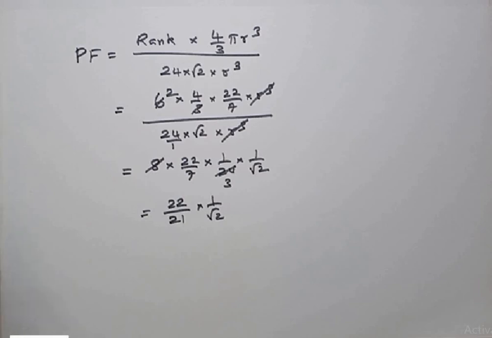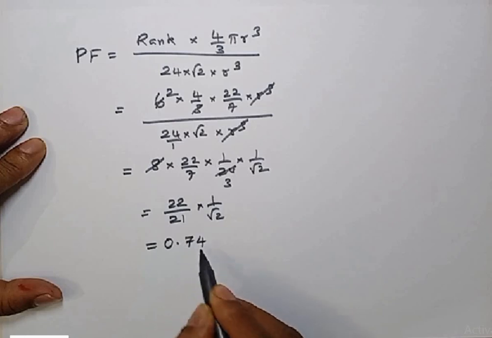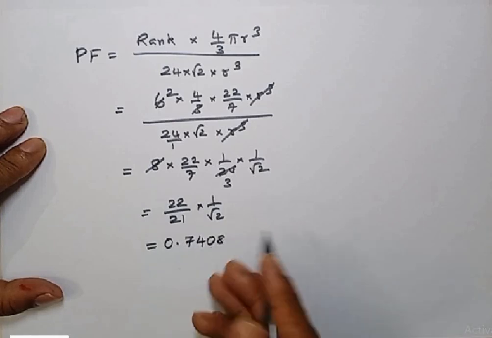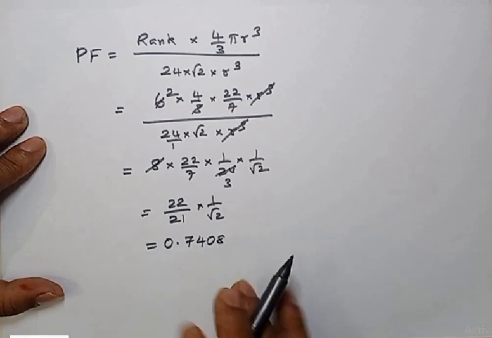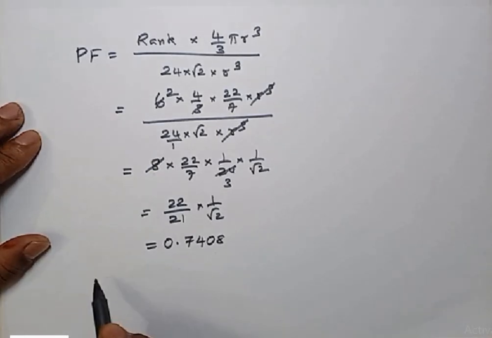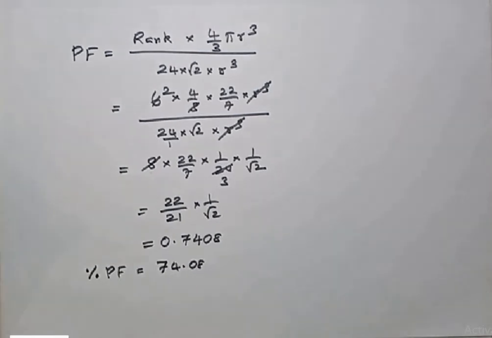Yes, I am getting the same answer, which is equal to 0.740889. Let me take the value as such. This is the packing fraction for simple hexagonal unit cell, and percentage packing fraction is equal to 74.08. Take note.